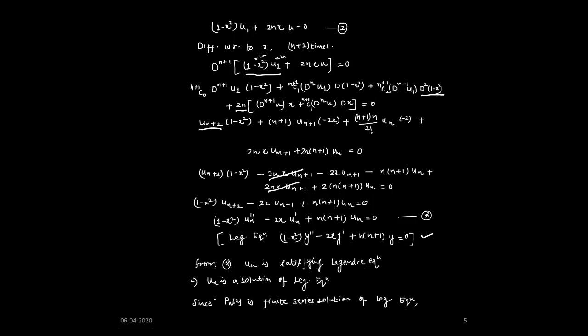So now since Pnx is a finite series solution of the Legendre equation, Pnx is the Legendre polynomial, right? And the Legendre polynomial is a solution of the Legendre equation, right? So therefore we will have Pnx as c times this un, right?